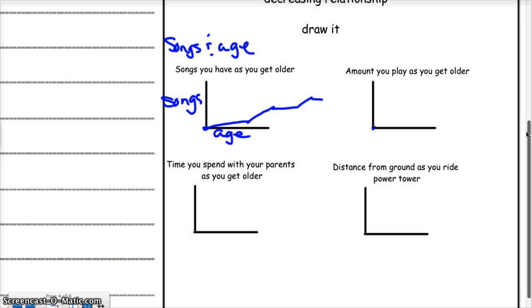Slow. As a baby, I play for a little bit, and that's not too much. Then I get to be about 3 or 4 years old, and I'm playing constantly. So I get this big spike. I'm playing so much, and then I plateau at that for a while. Then as I get older, my playing decreases, and now it changes to a different level.